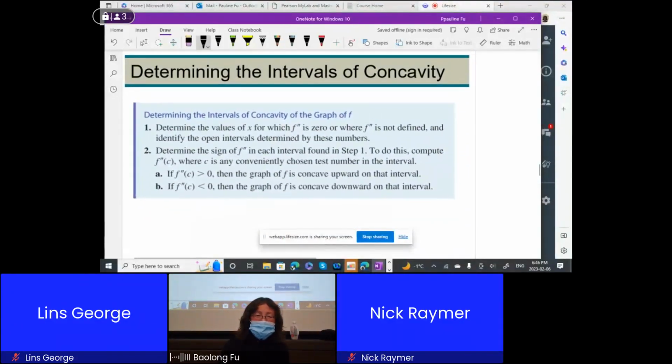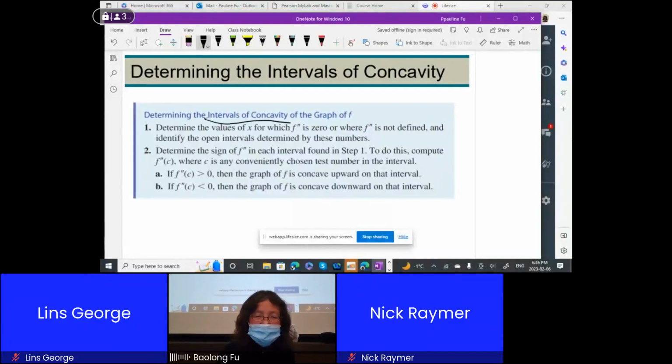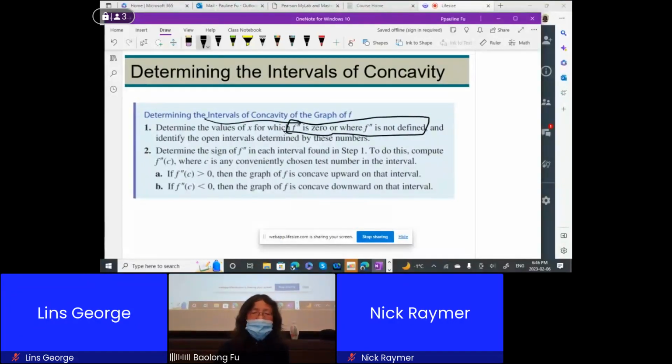And this one determines the intervals of concavity. So 2 steps. Step 1, find where the second derivative is 0 or the second derivative is not defined.